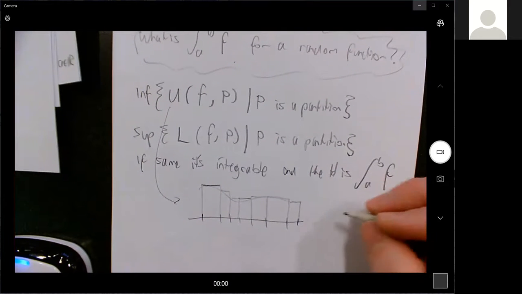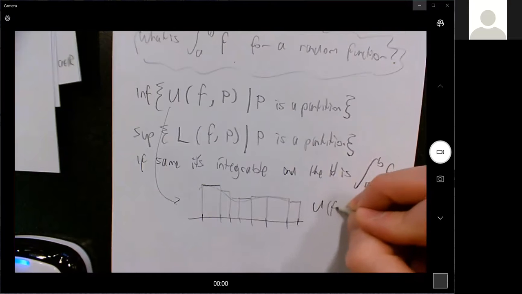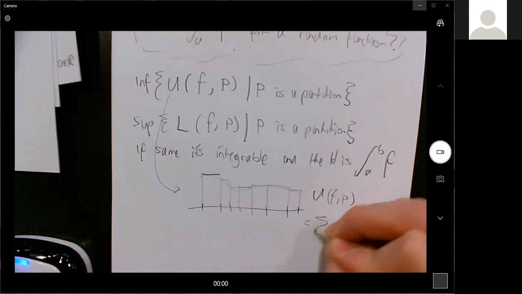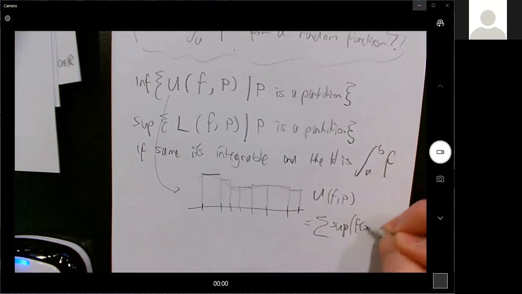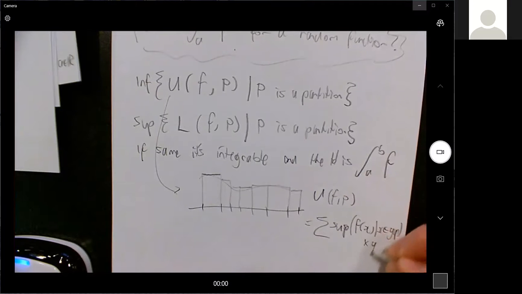Okay, so the upper sum U(f, P) is the sum of the supremum of f of x such that x is in the gap, times the gap itself, the width of the gap, something like that.